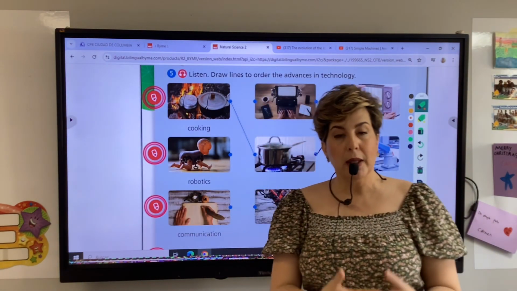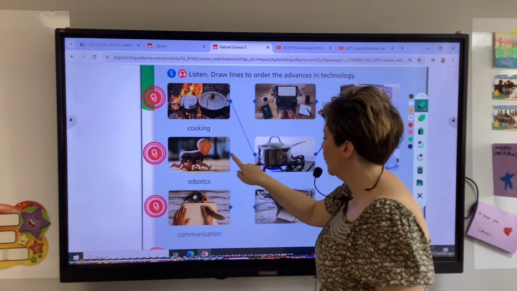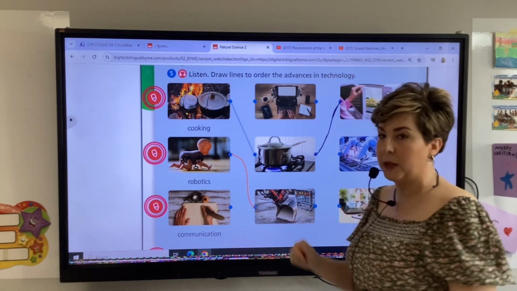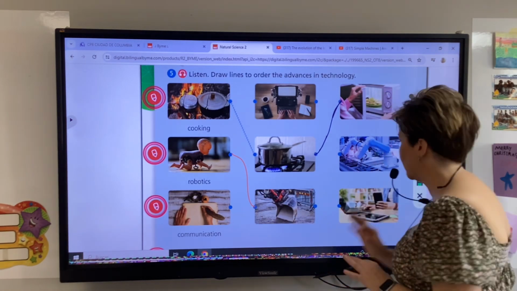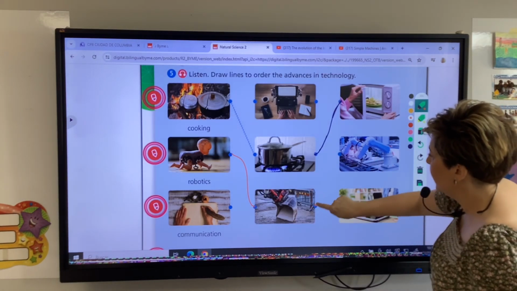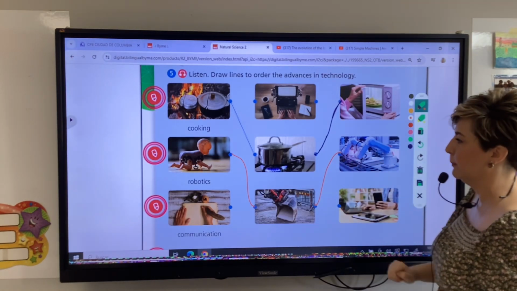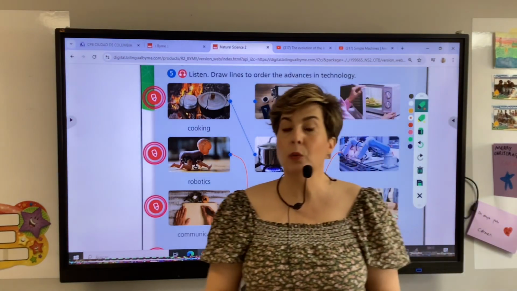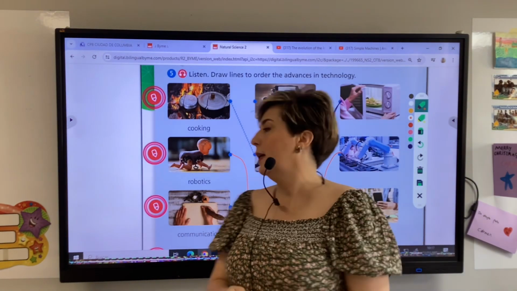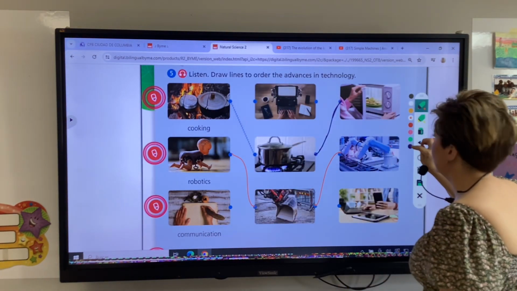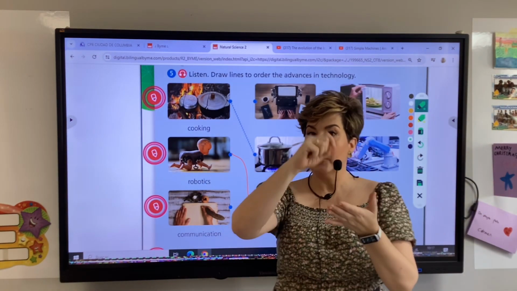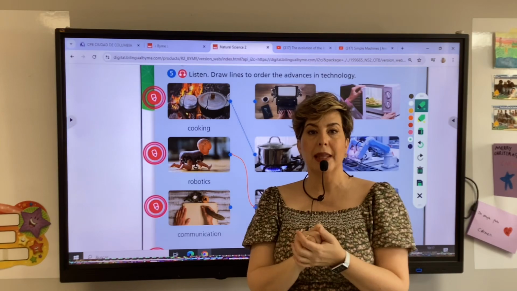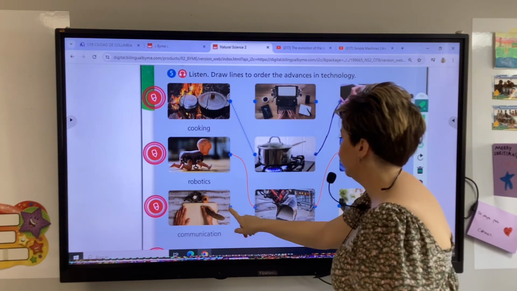Robotics started with toys. Then we had more complex machines that helped us, and now we have very, very precise complex machines in factories especially. Okay? And then we have communication. In the past, people had to write letters with ink and a feather.